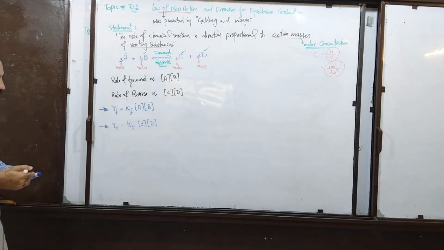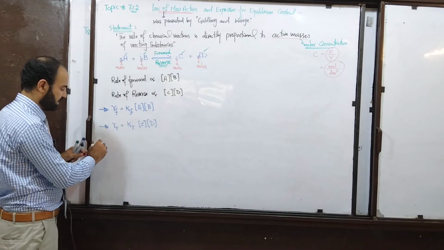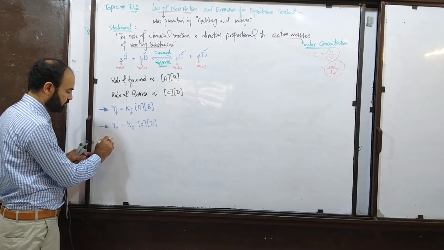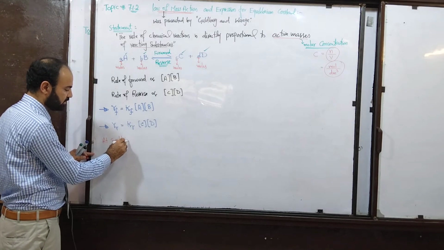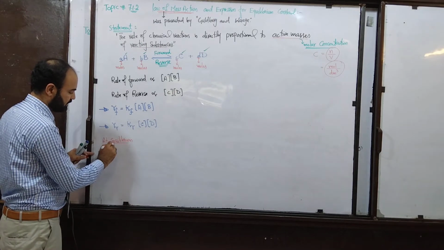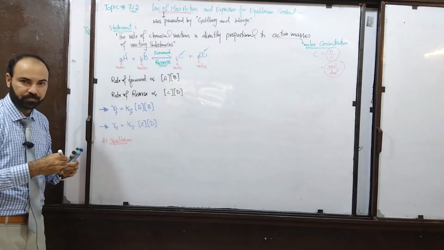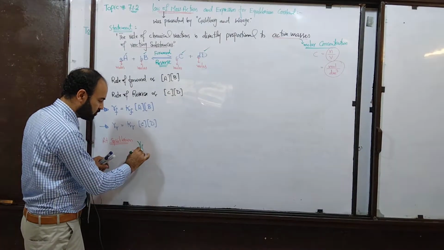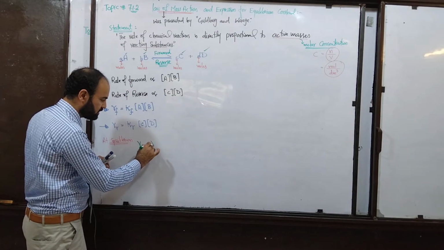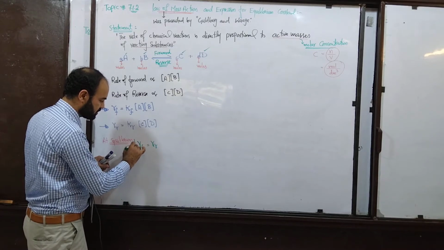So we know about that. We all know that at equilibrium, which we discussed in lecture number 1 in this chapter, the rate of forward reaction equals the rate of reverse reaction.